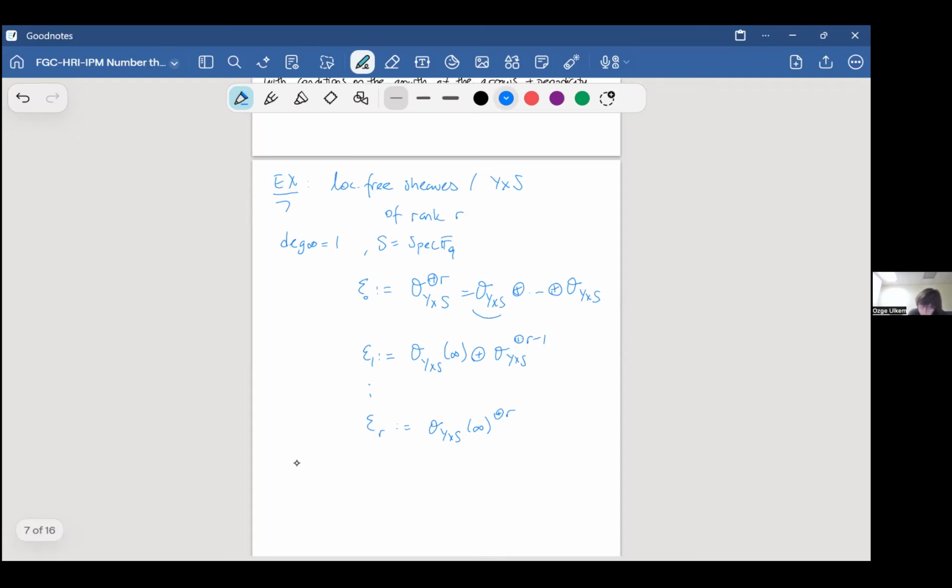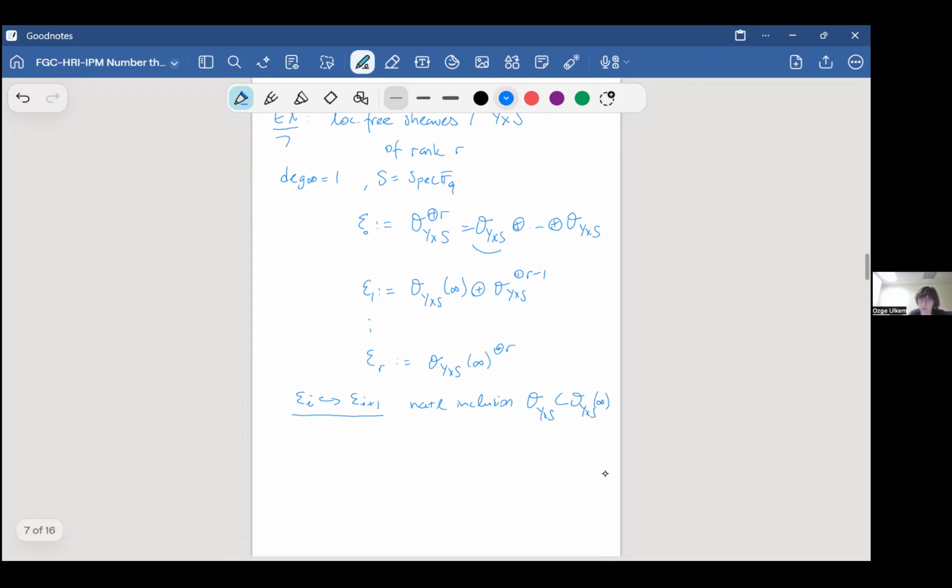Now you have these objects, time to define morphisms. How do you define these morphisms? You define them by the natural inclusion of Y times S in here. And we take S to be Spec F_q because then I want to consider this pullback with Frobenius.